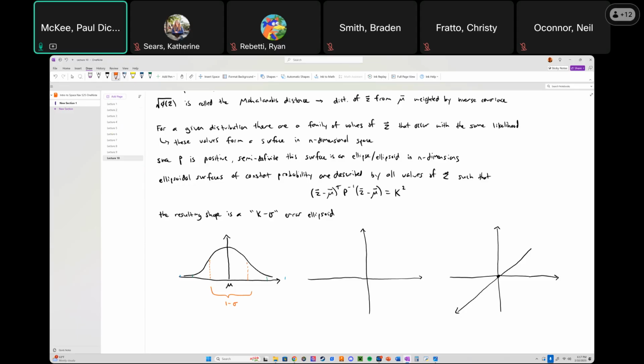It's not an ellipse just yet because we're at too low of a dimension to see it. But the idea is that this point over here and this point over here have the same probability of happening. And similarly, this point over here and this point over here also have the same probability of happening. They're the 2 sigma line.